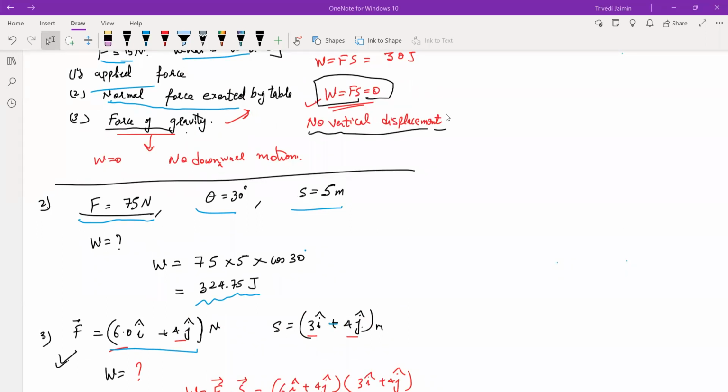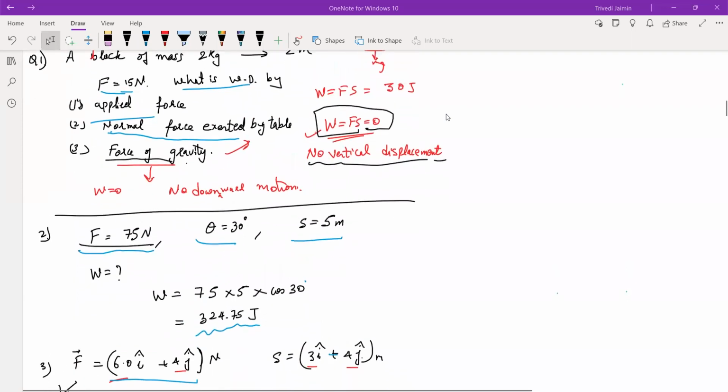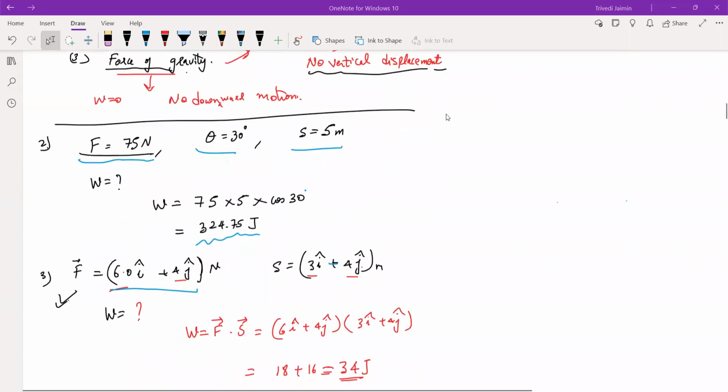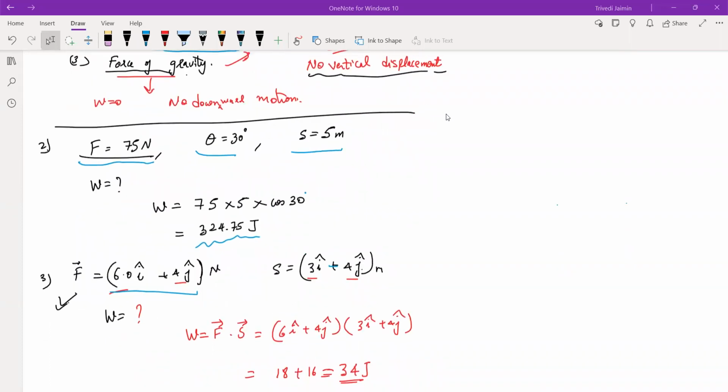What's the answer? Just multiply those two: 6 into 3 for i, and 4 into 4 for j.